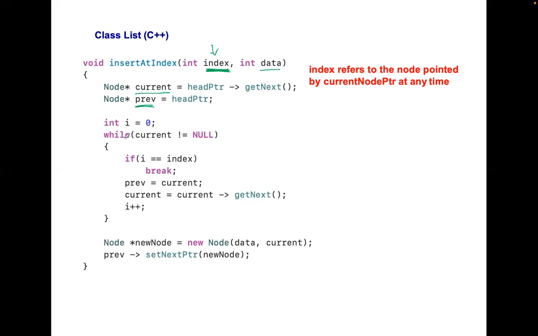Now here we are going to start a loop using an initialization variable I. I will start from 0 and continue until we get our index value. We are going to keep I plus plus. When I is the same as index, we are going to break from the loop.